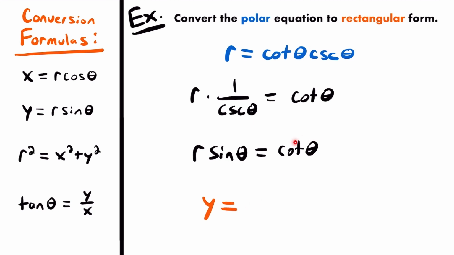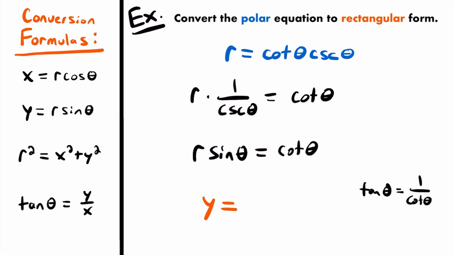But now how do we rewrite cotangent theta in terms of x and y? Well, if you look over at our conversion formulas here, we know that tangent theta is equal to y divided by x, but we also know that tangent theta is the reciprocal of cotangent theta, right? Tangent theta is equal to 1 divided by cotangent theta. So if tangent is the reciprocal of cotangent, then that would mean that cotangent is the reciprocal of tangent.